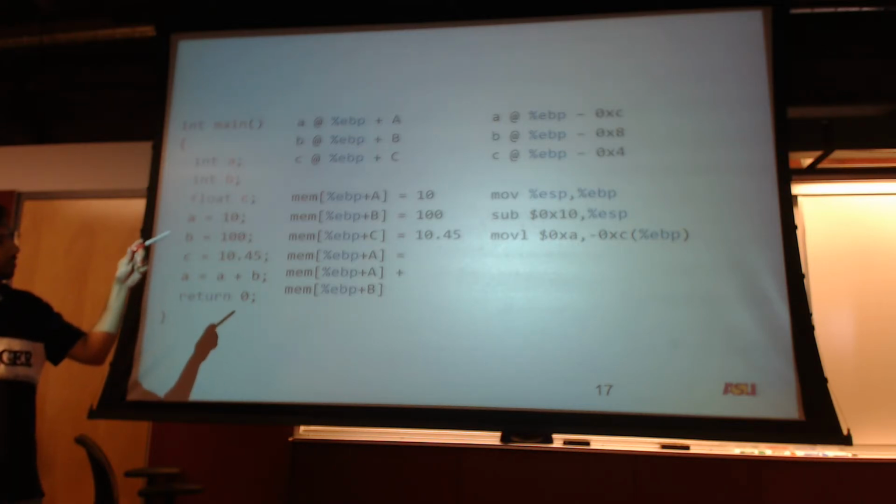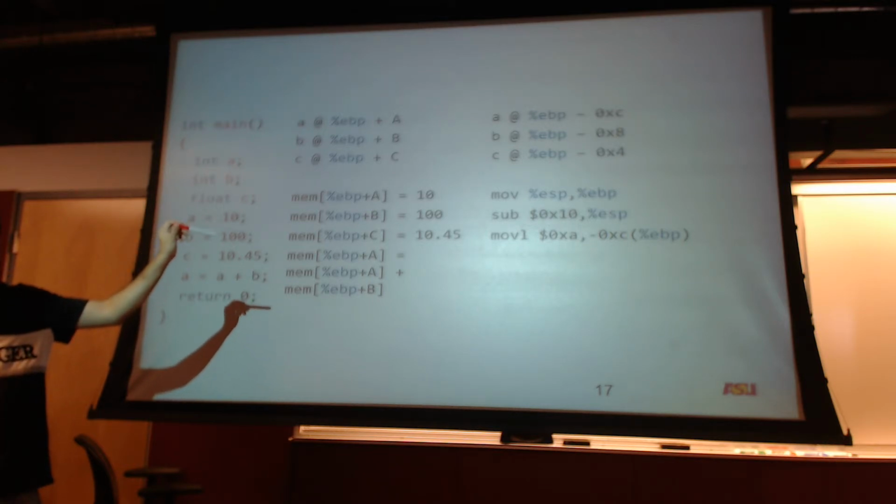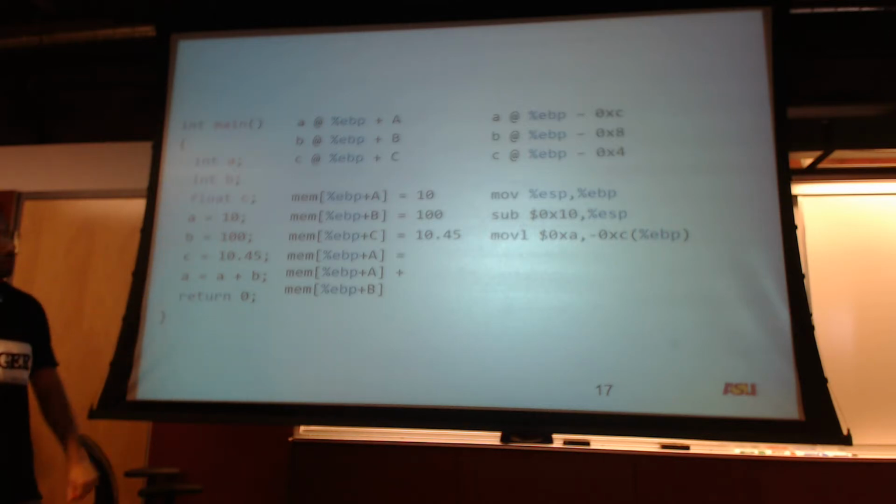Then we subtract the value 16. 10 is in hex, so we have to subtract the value 16 from the stack pointer. If we do that, then where do we go? How many times did we subtract?